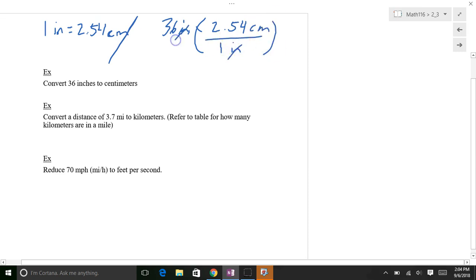And we've got our inches gone. So we've got 36 times 2.54 all over 1. That ends up being 91.44, it looks like, centimeters.